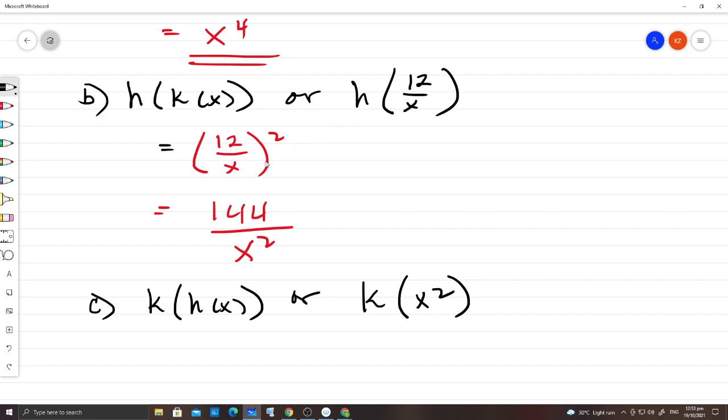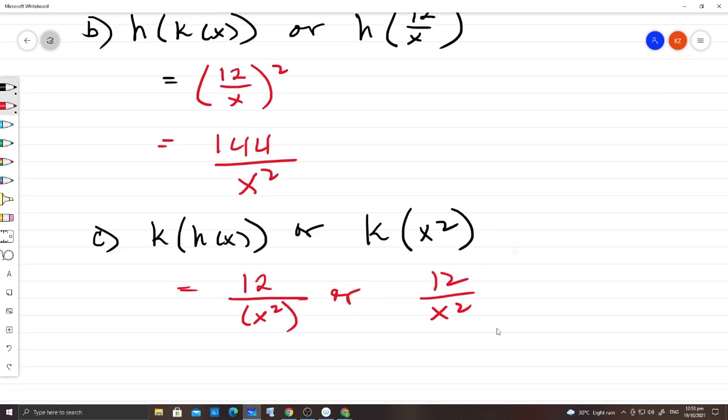Alright, so our k is 12 over x, so it will become x. Then finish. Because we are changing only the x, right?